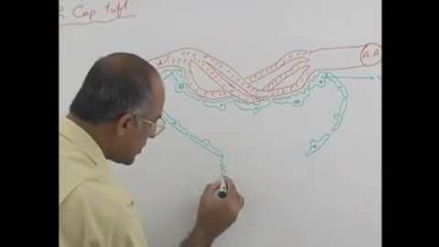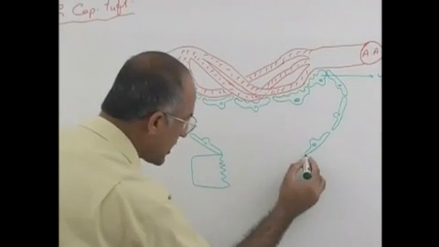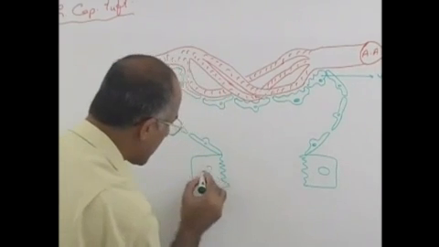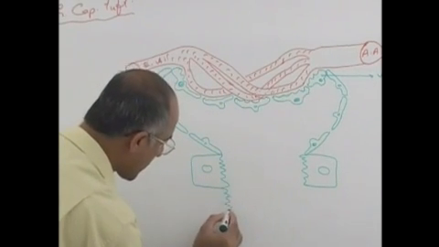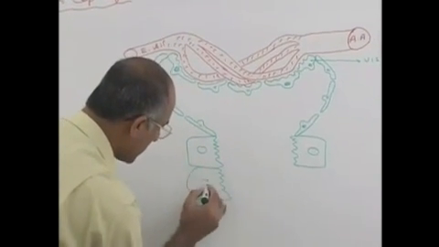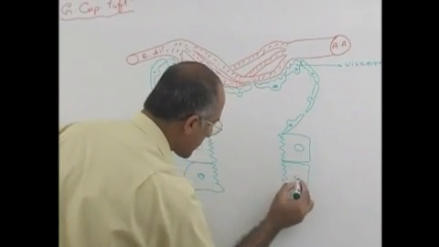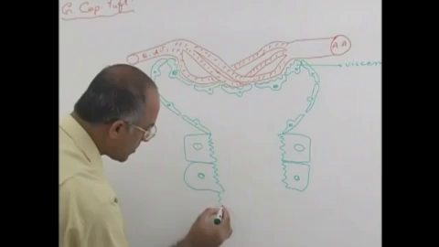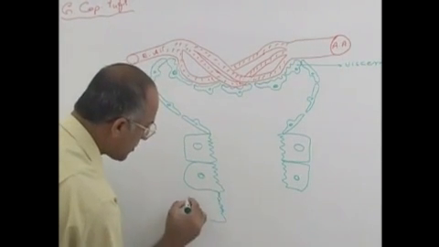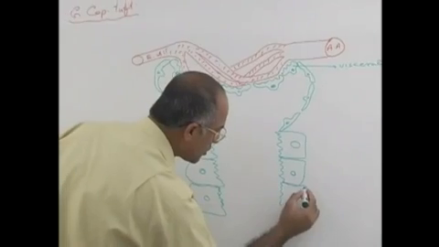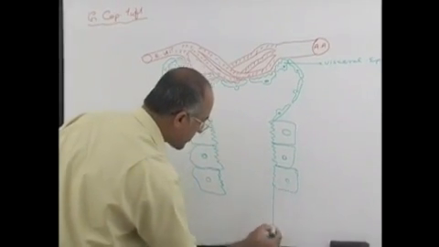And then these cells join together to the next group of cells which make the proximal convoluted tubule. These are the cells of the proximal convoluted tubule, which we'll study later.